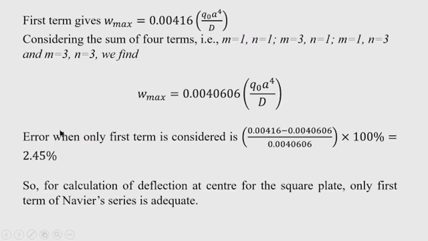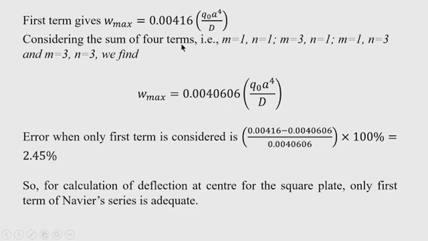Okay. So, we have seen that considering only the first term, we get the deflection as 0.00416, the coefficient, times q naught a to the power 4 divided by D.